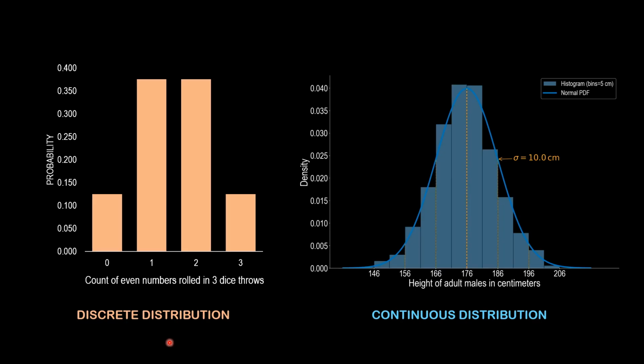Discrete distributions are usually represented with a bar chart, and continuous distributions are either represented with a curve or a histogram. It turns out that the normal distribution is a continuous distribution, and if you don't know the difference between discrete and continuous distributions, watch my video on probability and probability distributions.